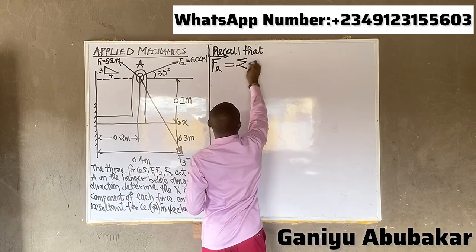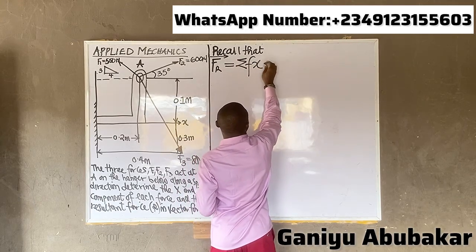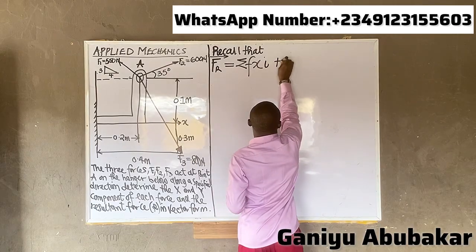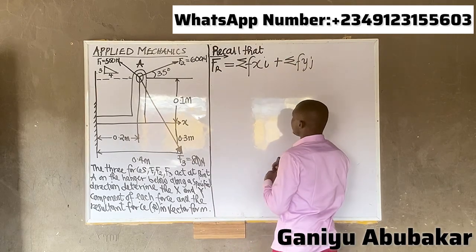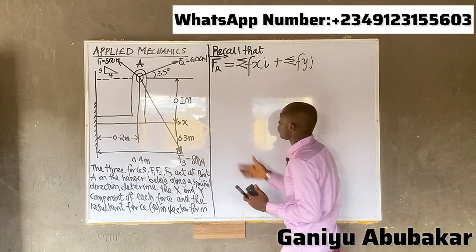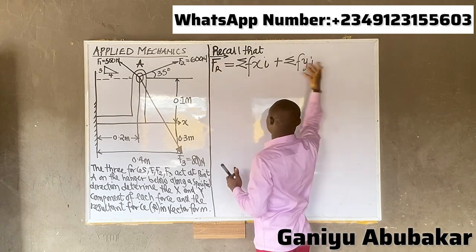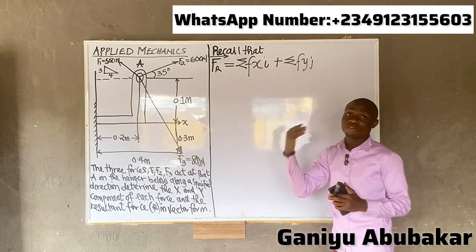That gives you summation Fx i plus summation Fy j. This is the formula we have to use to calculate resultant force in vector form. I have given you this in our previous classes.